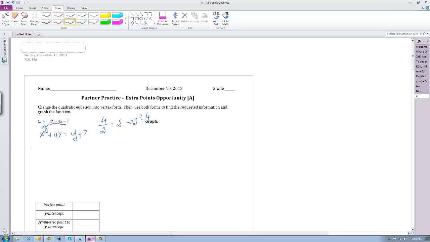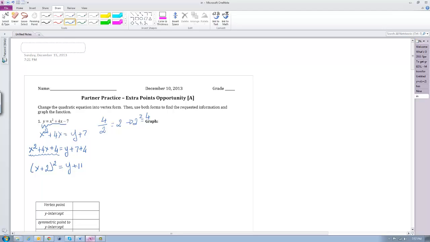So this would be rewritten as x squared plus 4x plus 4 equals y plus 7 plus 4. This trinomial is a perfect square. It can be rewritten as x plus 2, and the 2 is actually our b divided by 2, squared, equals y plus 7 plus 4, 11.